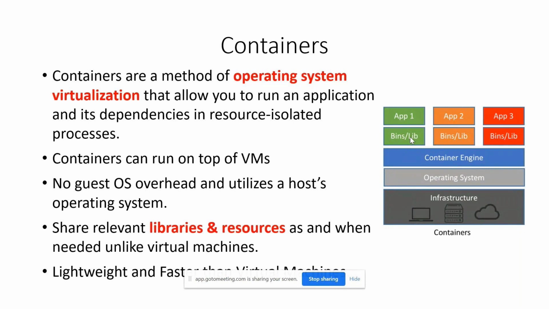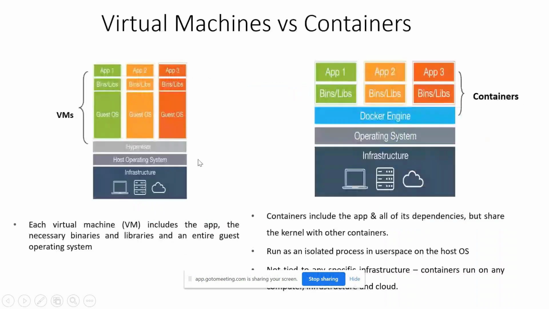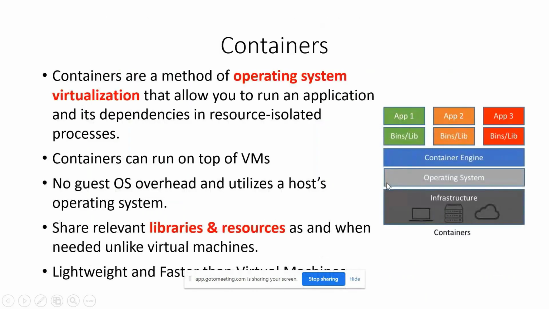So containers are a method of operating system virtualization, because we are not having a new OS now, we are going to use the infrastructure OS. Even your containers can run on top of VMs, right? You have your physical infrastructure, then your hypervisor, and then you can build your VM.